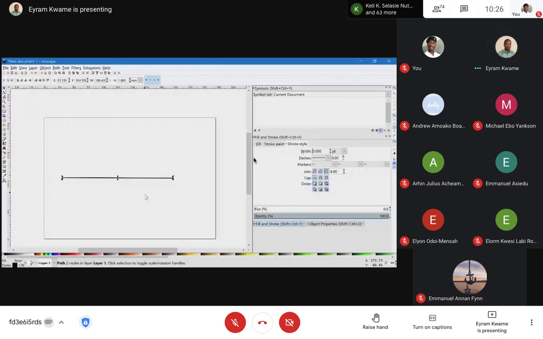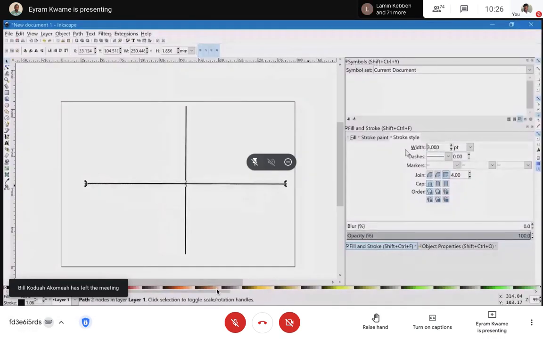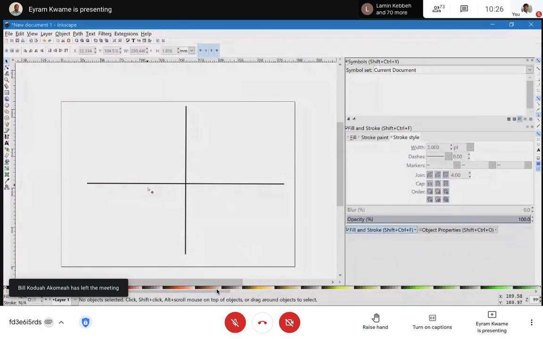So I have this, I copy and I paste, and then I just rotate 90 degrees. So yeah, I have my x-axis and so on and so forth. Good. So this is the positive side, this is the negative side. And now I am looking for what?